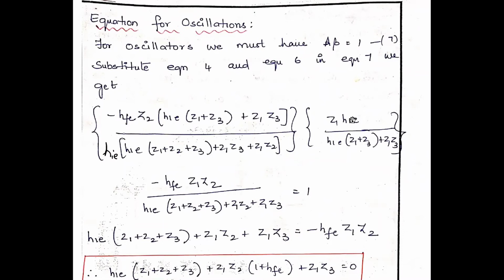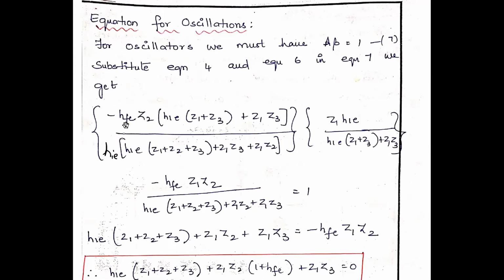Then HIE we have here in the numerator. Here also we have HIE. So this HIE will cancel, okay. So this is A, which we got. This is beta, which we got. We are taking A beta equal to 1. What all are getting cancelled? This term is getting cancelled. This term is getting cancelled. HIE is getting cancelled.